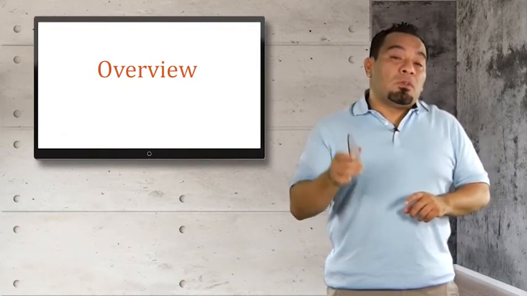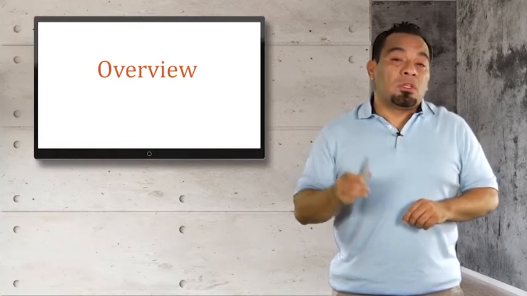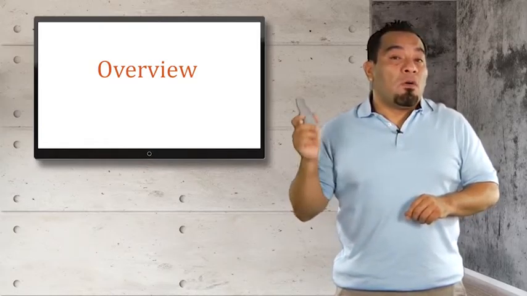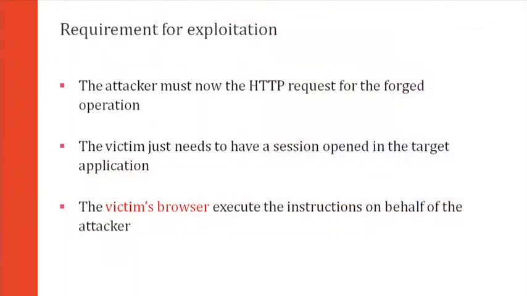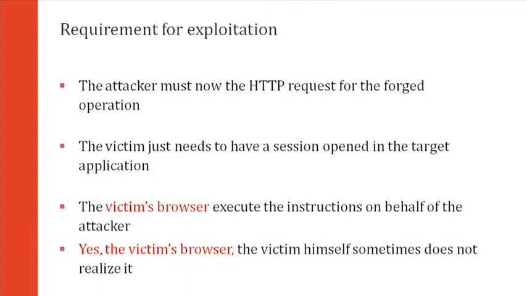The victim's browser executes the instructions on behalf of the attacker. Obviously, the victim can also be lured or fooled into clicking on a specific URL, but as I said here, sometimes they don't even know it. Sometimes the victim is just used by this kind of attack without even knowing that their browser is doing that operation.